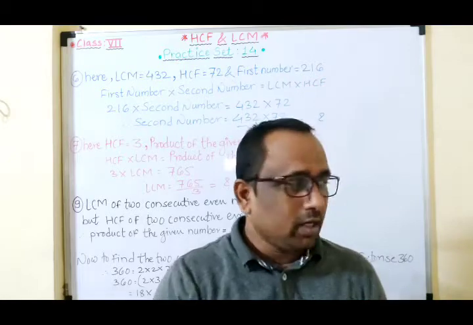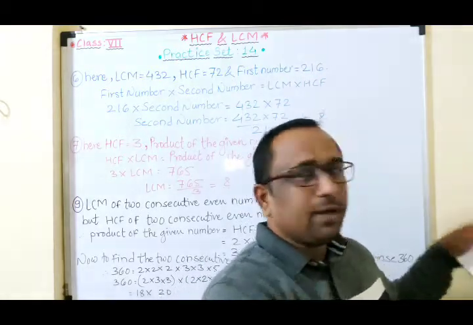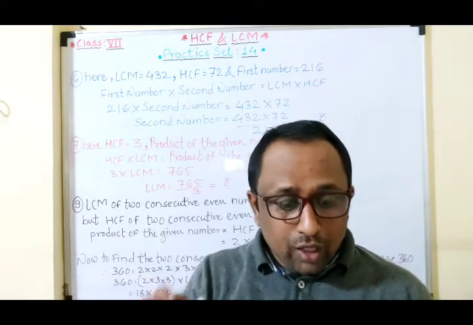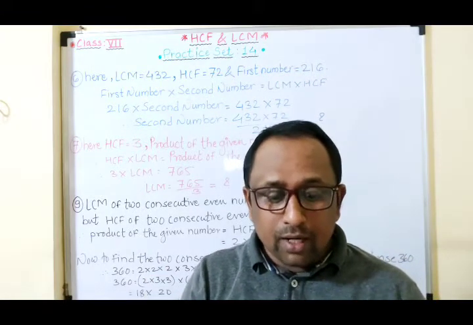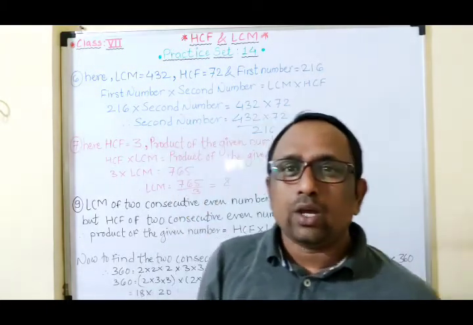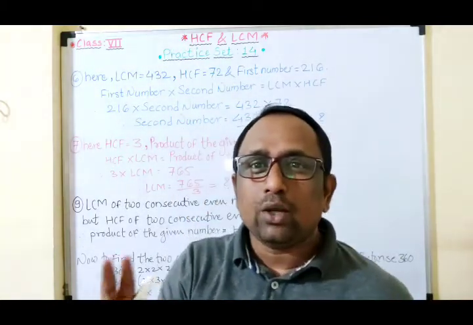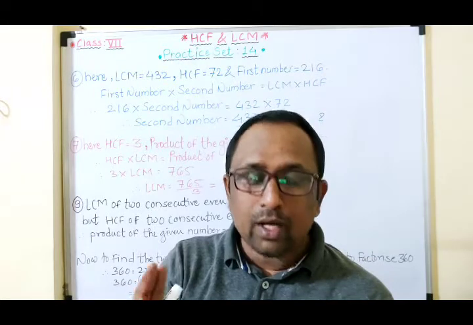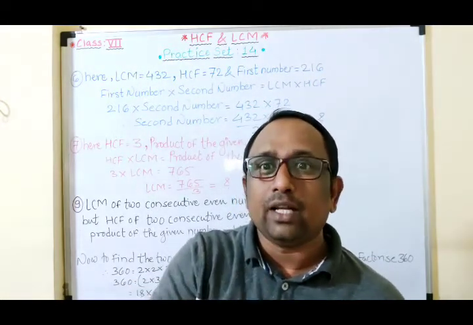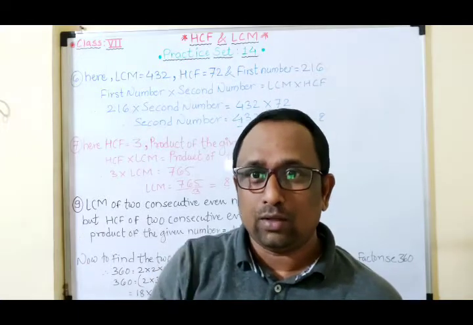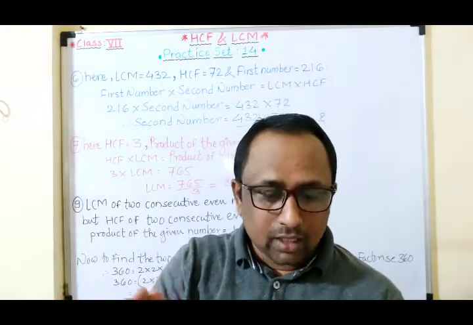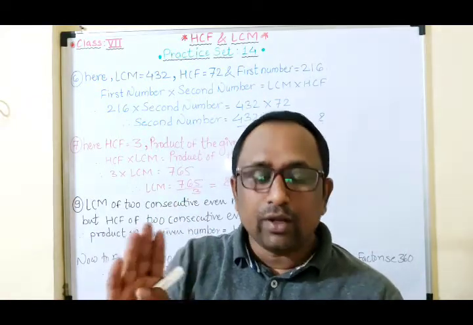This is also a little bit different. The 9th example: which 2 consecutive even numbers have an LCM of 180? Two consecutive even numbers means, for example, 2 is an even number and consecutive means the one that comes immediately after. 2 and 4, 6 and 8, 10 and 12 are consecutive even numbers.